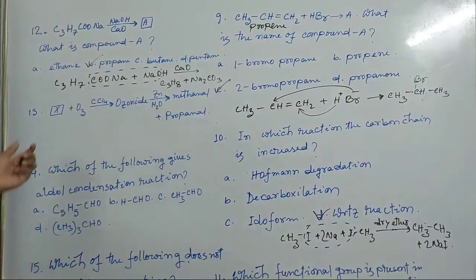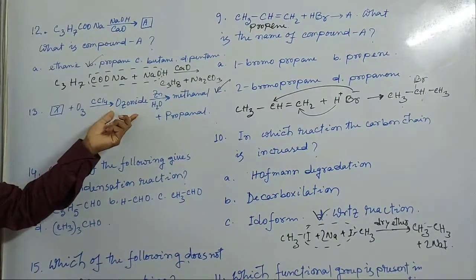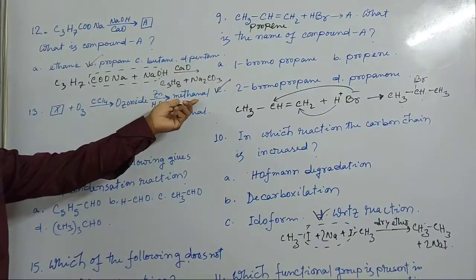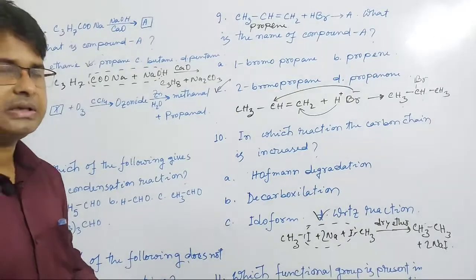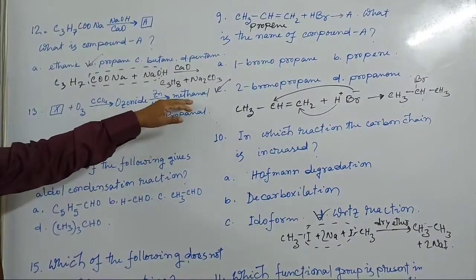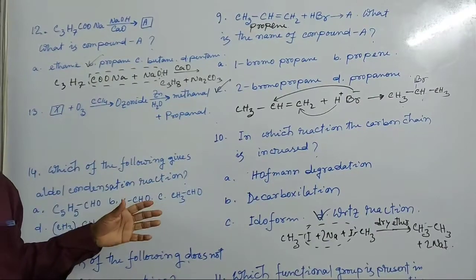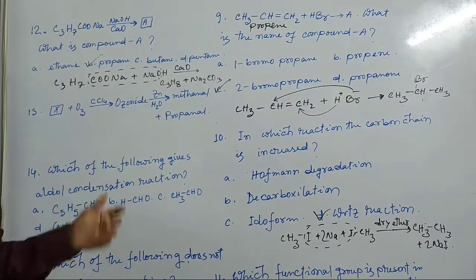And X reacts with ozone to produce ozonide, and the products are actually methanal and propanal. Dear students, it is stated that if in the ozonolysis reaction aldehyde or ketone are produced, you have to understand that the reactant is an alkene.